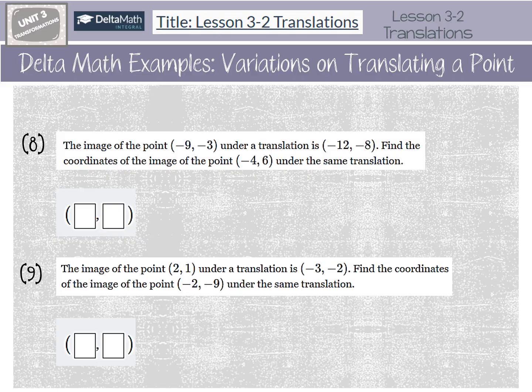The image of the point (-9, -3) under a translation is (-12, -8). Find the coordinates of the image of the point (-4, 6). So we have to figure out what the vector is and then do the same thing with the new point. So we are going from (-9, -3) to the point (-12, -8). So there's our initial and our terminal.